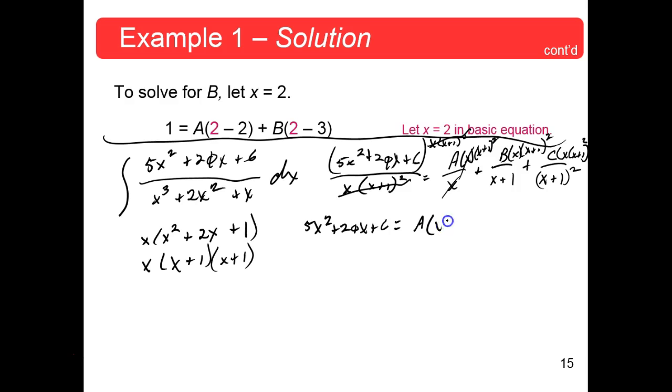A times x plus 1 squared plus B, and here one of those goes out, so it's B times x plus 1, right? You got one left. Here both of those go out, and you have plus Cx. And that's all you have left there, with no denominators in sight, which is a very good thing. All right. Now what do we do next?